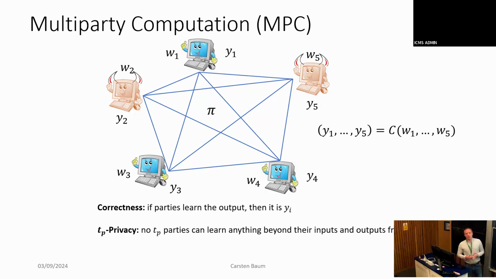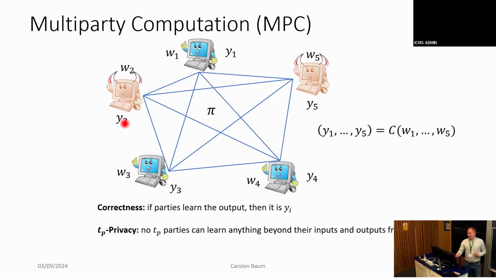And this is the property that we call privacy, which means that if you have T privacy, that means that if the attacker corrupts up to T parties, it can't learn anything beyond the outputs that these parties get from the multi-party computation and the inputs that they have, right? So in this case, if this protocol is secure against 2 corruptions, bless you, what this means is that the adversary will of course learn the input of the corrupted parties, so it's going to learn the input W2 and the input W5.